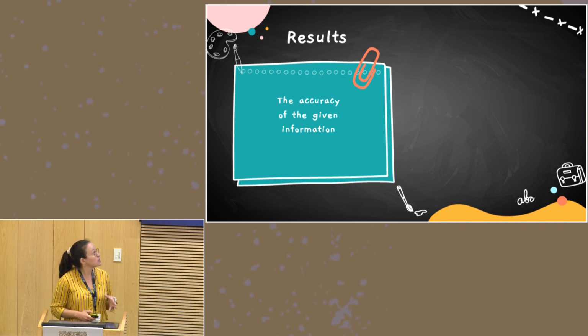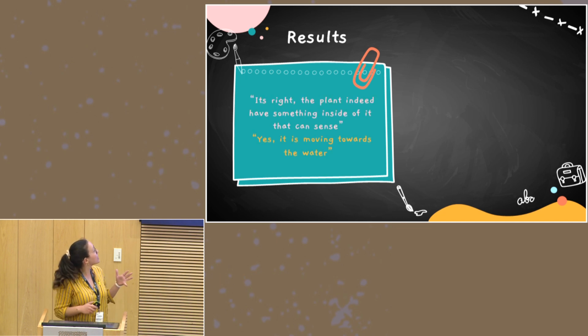The first one is the accuracy of the given information. So they said things like, it's right, the plant indeed has something inside of it that can sense the sun or the water, but they also used it when they accepted a non-mechanistic explanation.